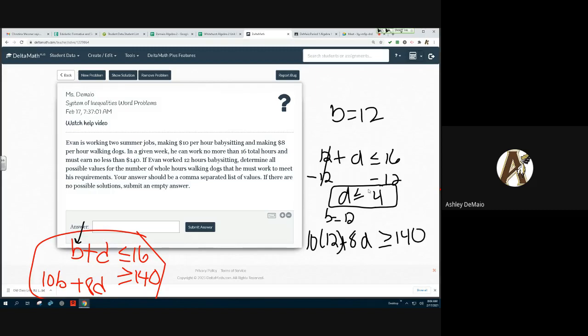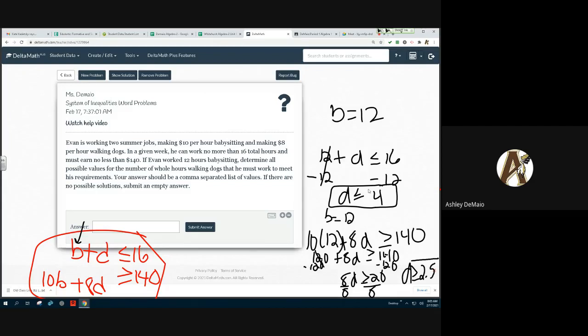Now, 10 times 12 is just 120, plus 8D is greater than or equal to 140. And if we simplify this, subtract 120 from each side, we get 8D is greater than or equal to 20. And when you divide each side by 8, we have that D is greater than or equal to 2.5.